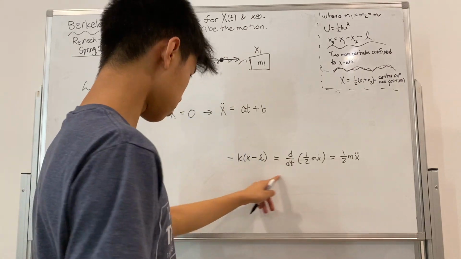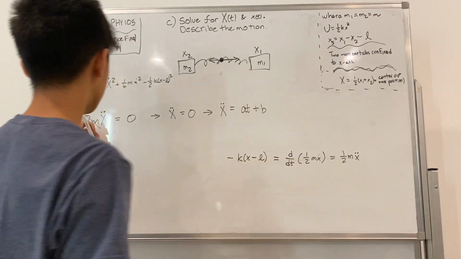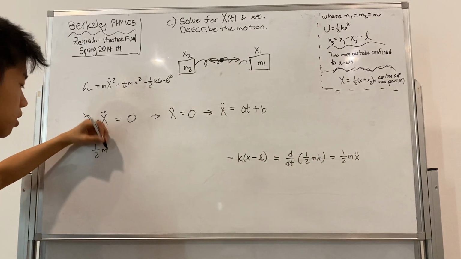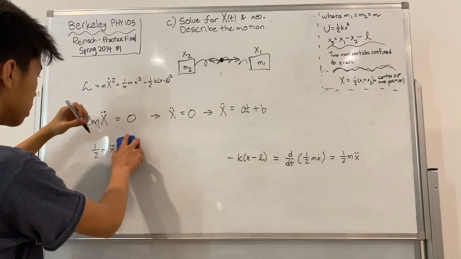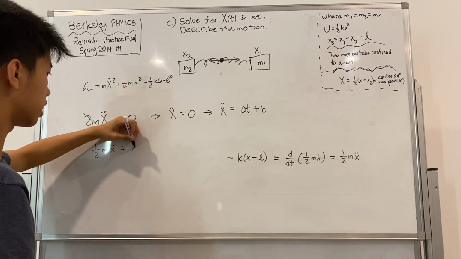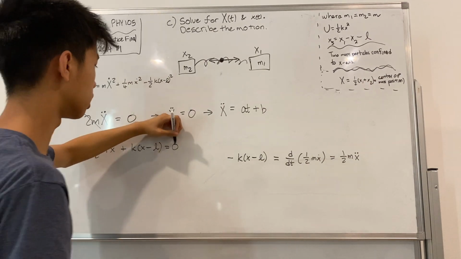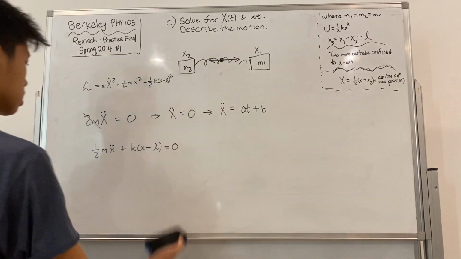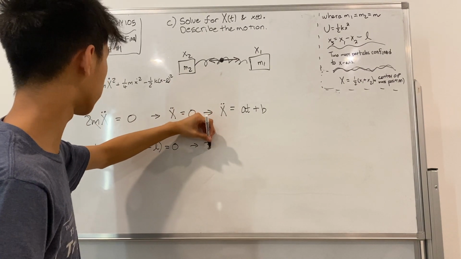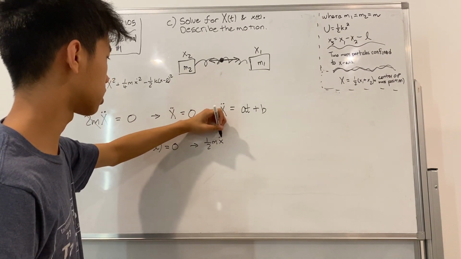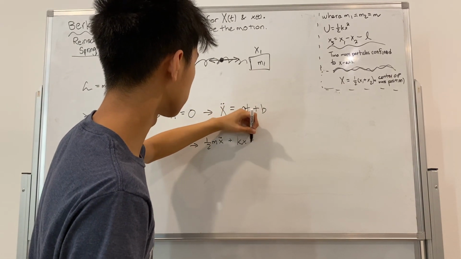And then here we can solve this differential equation, where we have 1/2 m little x double prime plus k times (x minus L). I just rewrote it in a slightly different way. So this is equal to 1/2 m x double prime plus kx equals kL.